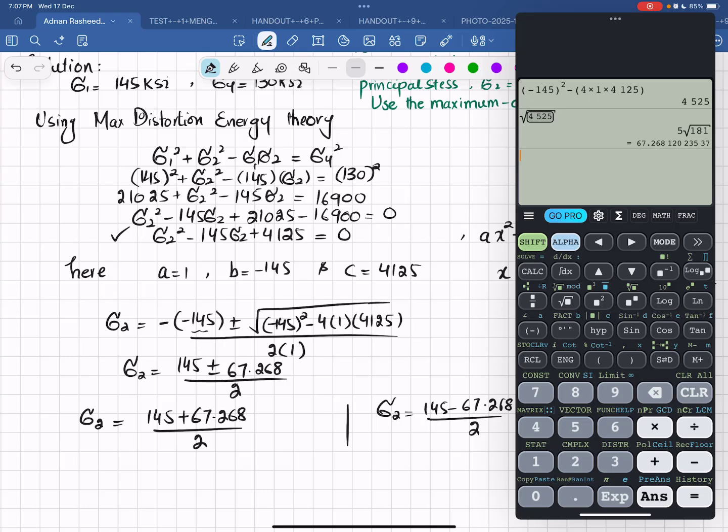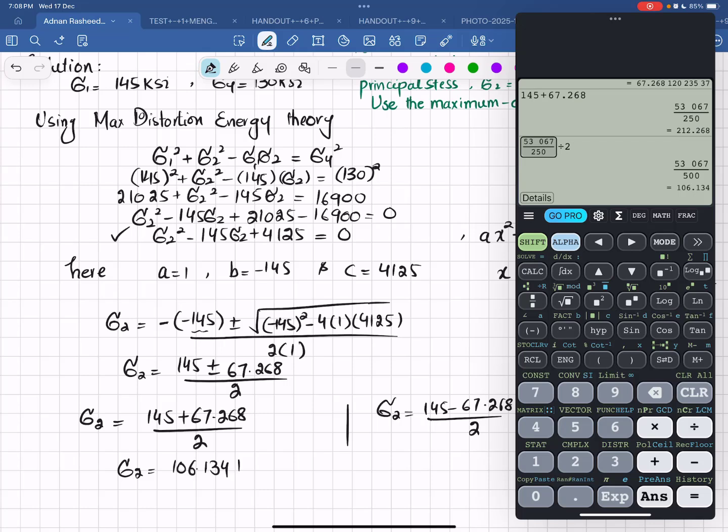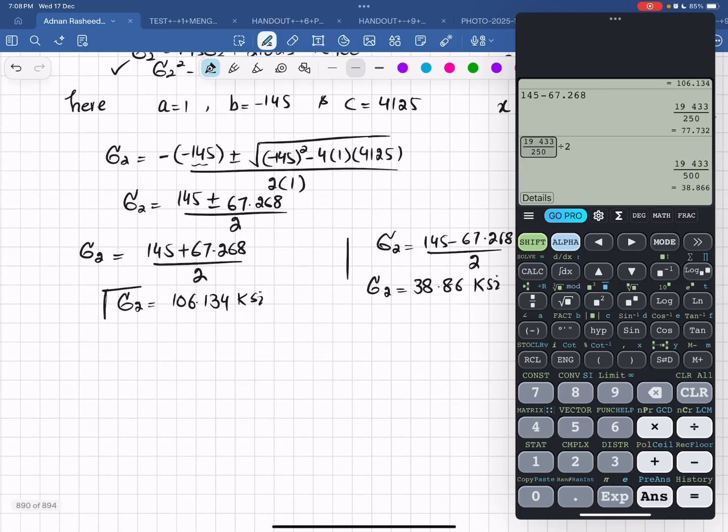So 145 plus 67.268 divided by 2 will give you 106.134 ksi, and the second one, 145 minus 67.268 divided by 2, is equal to 38.86 ksi.